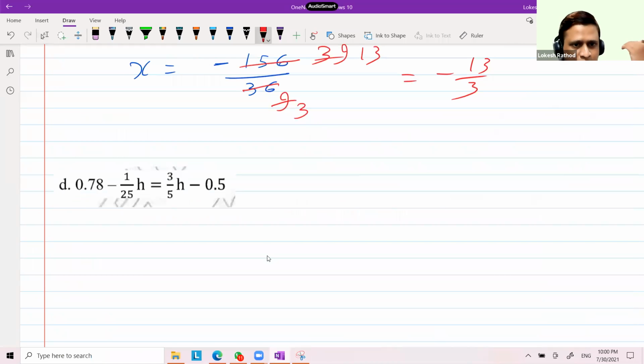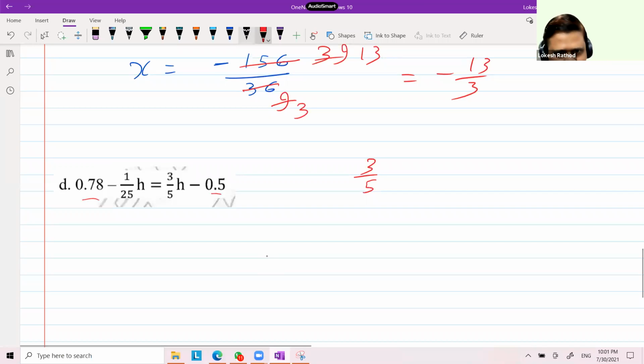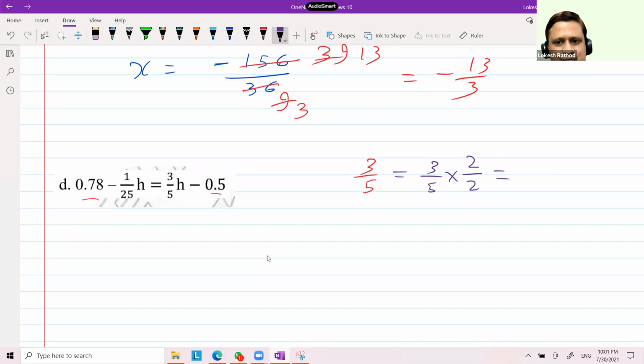Either you convert all the numbers into decimals, or you convert all the numbers into fractions, right? It is easy to convert everything into decimals, right? How? Because for this one decimal only, 3 over 5 I can write. How can I convert 3 over 5 into decimal? I simply multiply numerator and denominator by 2. Denominator is 10, numerator is 6, so it is 0.6.